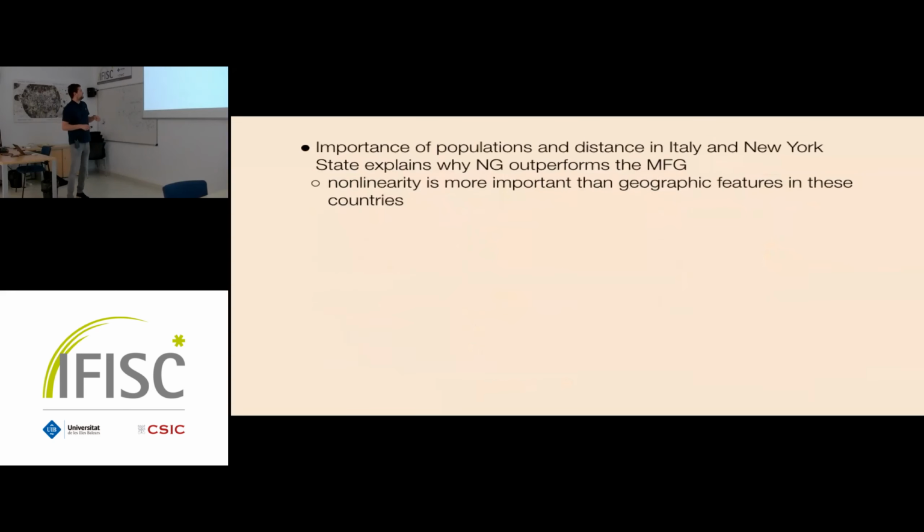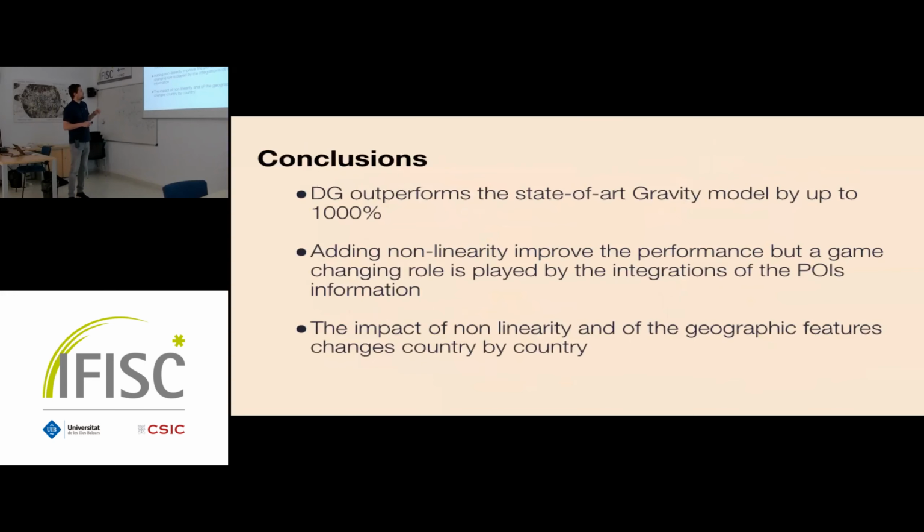But so what's happening here? Well, let's skip over this slide. While we have state-of-the-art performances, and we also overtake the performances of the deep gravity model, we saw that adding nonlinearity can improve the performance, but also including new variables can play a crucial role.